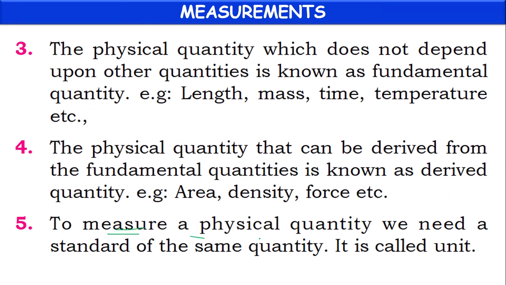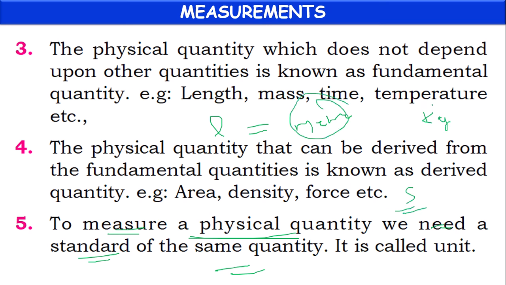To measure a physical quantity, we need a standard of the same quantity. For measuring length, we take the help of the unit called meter. For measuring mass, we take the help of kilogram. For measuring time, we take the help of second.